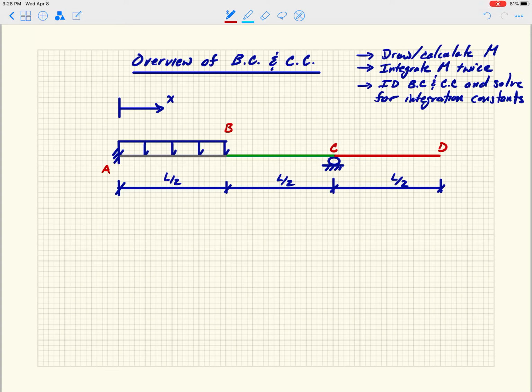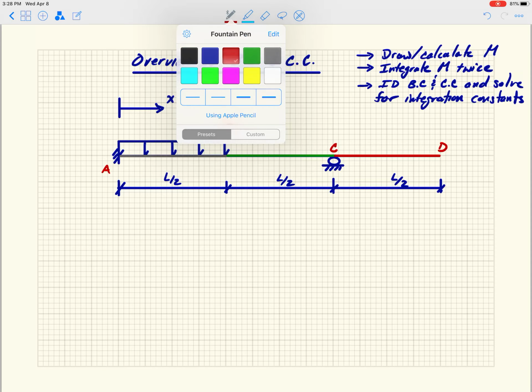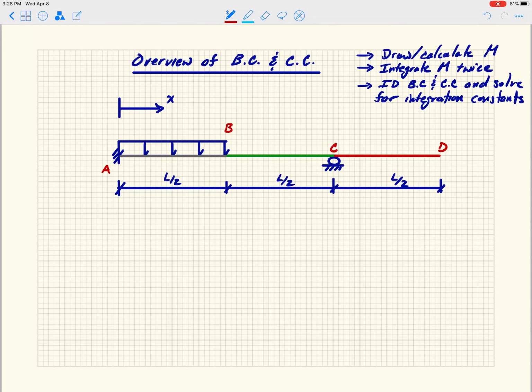Okay, so if we've got three moment diagrams, I'll call this moment diagram 1 of X. This one will be here, which will be moment diagram 2 of X. And then over here we will have moment diagram 3 of X, right?